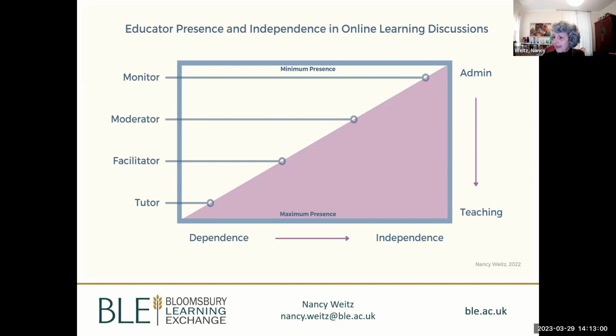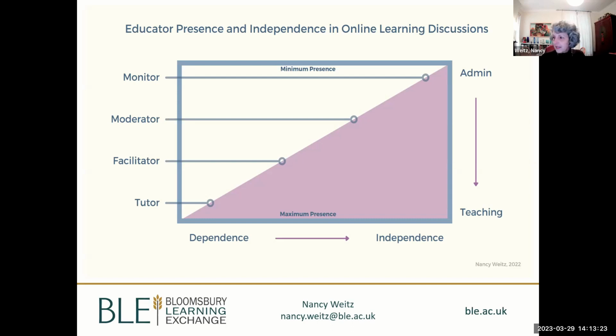Along the bottom is the amount of dependence versus independence, and from top to bottom is minimum presence versus maximum presence. So I've tried to cram all of this into this model. One of the things I want to know from you is whether this works, whether you think there's an application for this, and whether it's worth developing, or if there are problems I need to adjust.